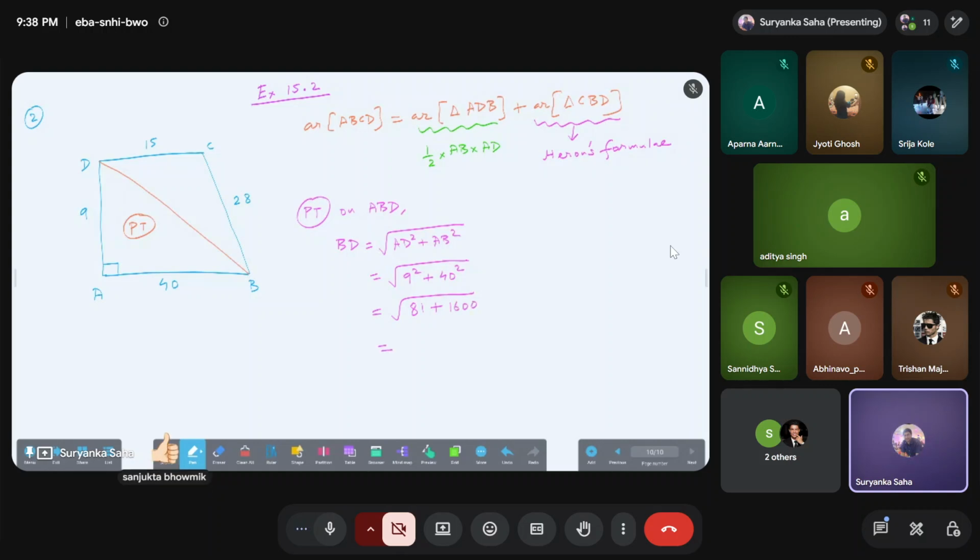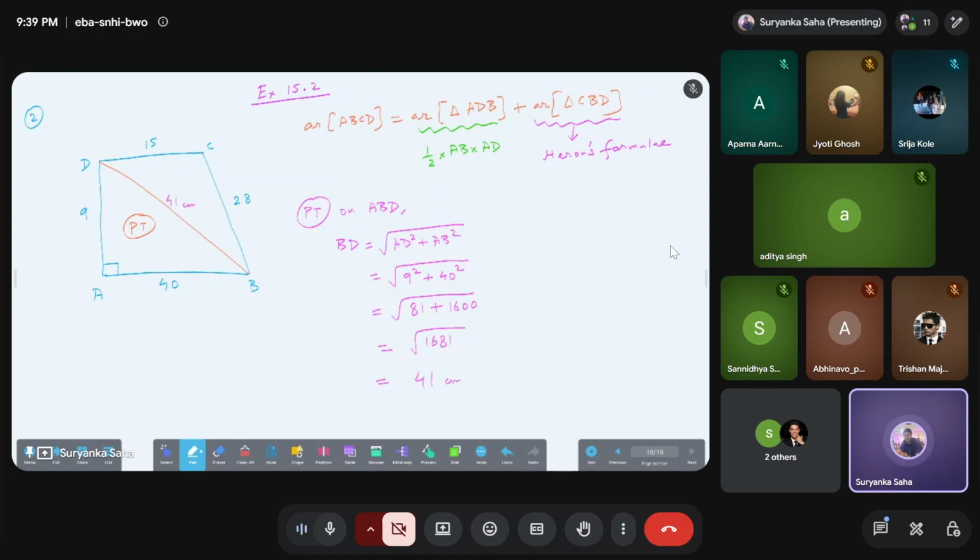So BD, how much is it coming? 1681. 1681, is it a square of anything? 41. Okay, so this is the square of 41 centimeter. So BD is coming out to be 41 centimeter.